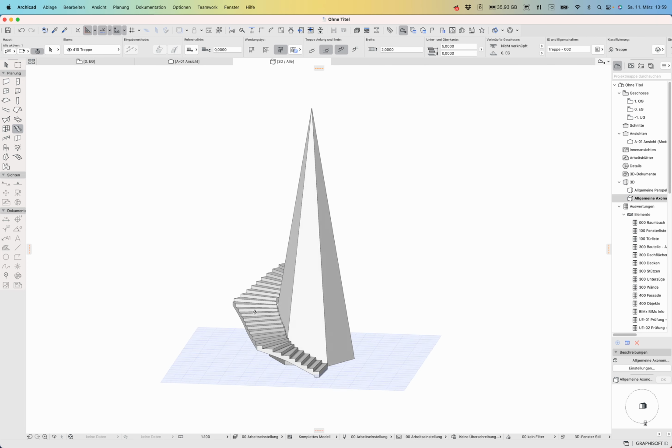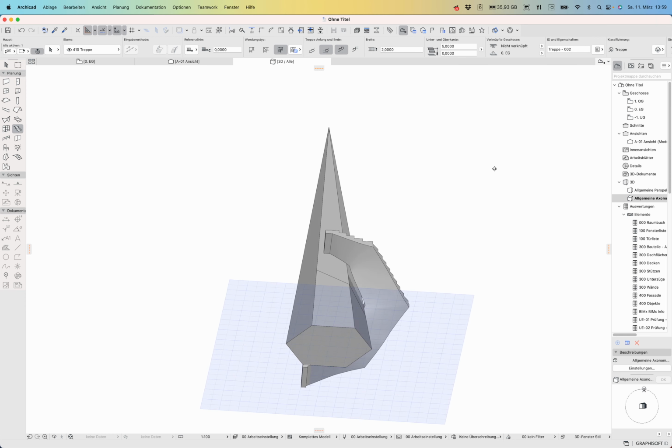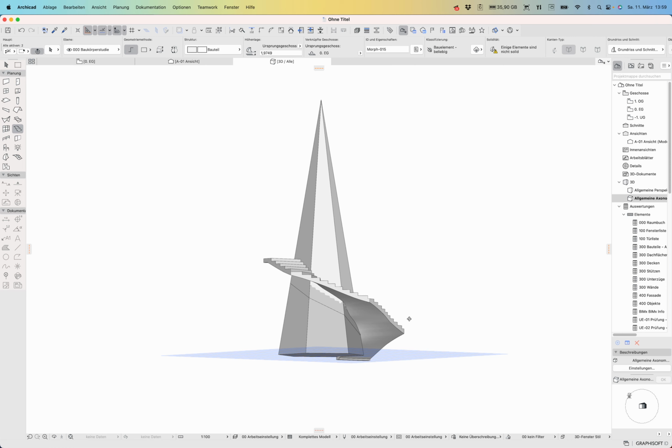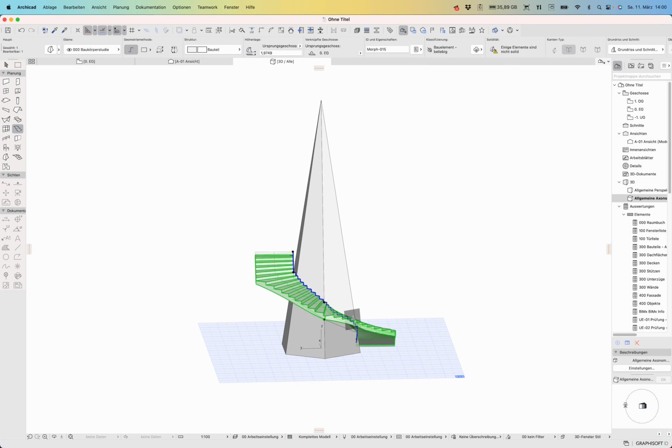Okay, I would have to calculate the rising of the stairs much better, I think. And these lines are too flat for this stair.